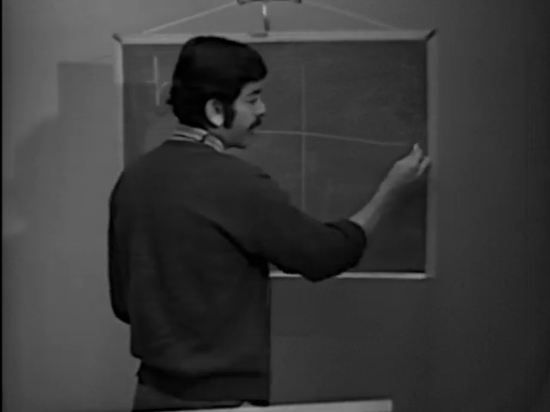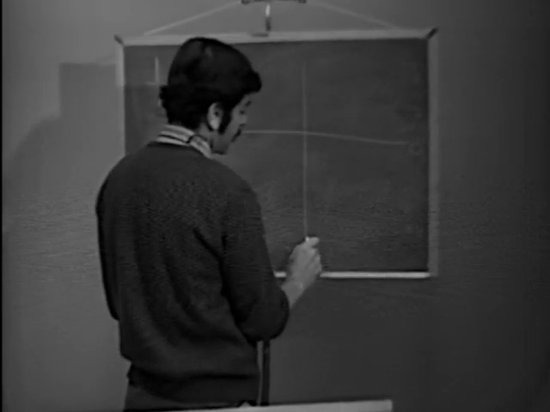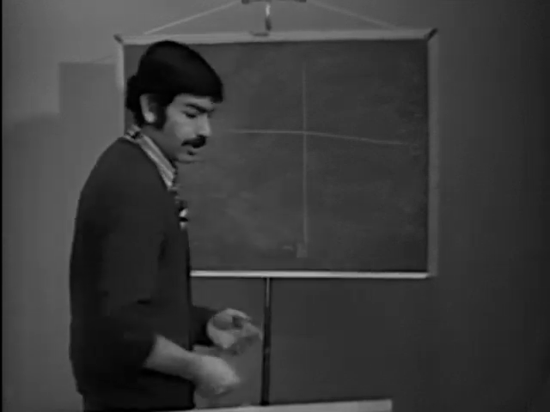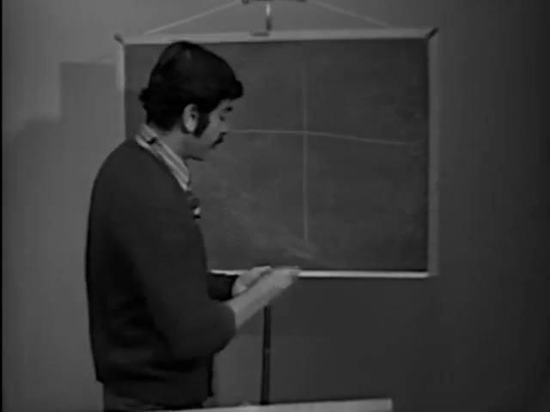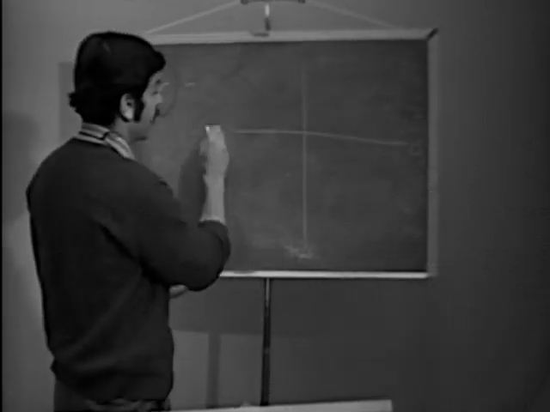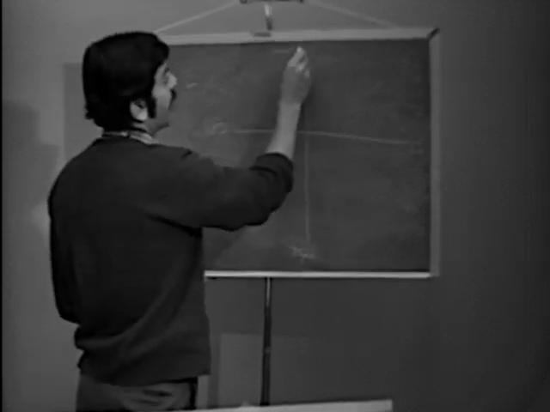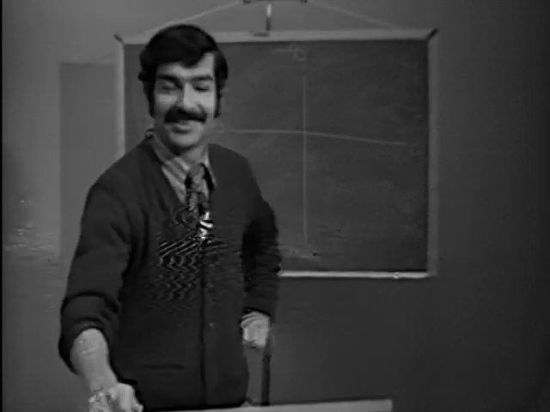This is 0. Excuse me, I think I went in the wrong direction before. This should be plus 90. It's just backwards from what I did before. This is plus 90, this is 180, and this is minus 90. It's just the reverse of what I did before.